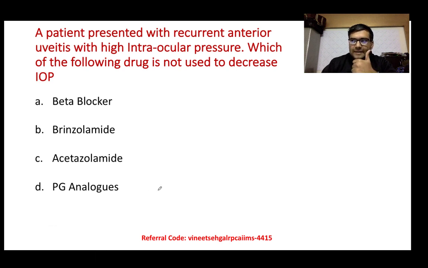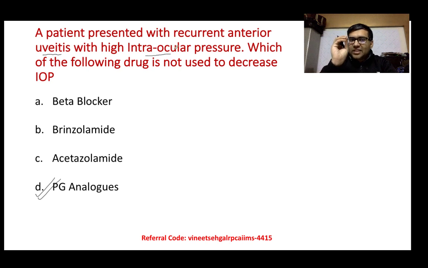So try to answer. Our answer here is D, that is the PG analogs. Remember, whenever you have a uveitic glaucoma, there is a uveitis and there is a high intraocular pressure.